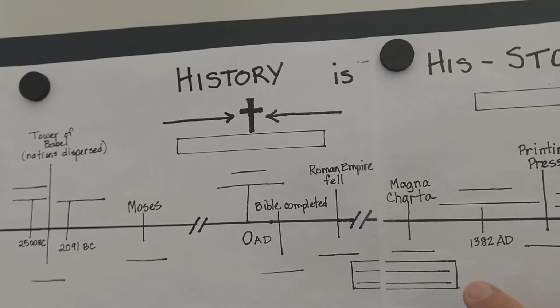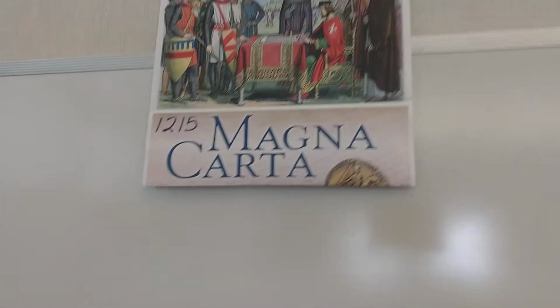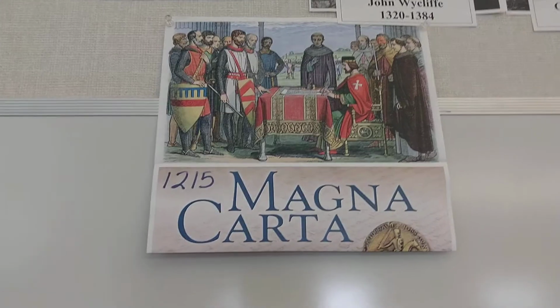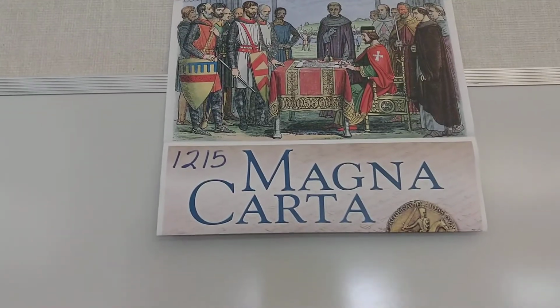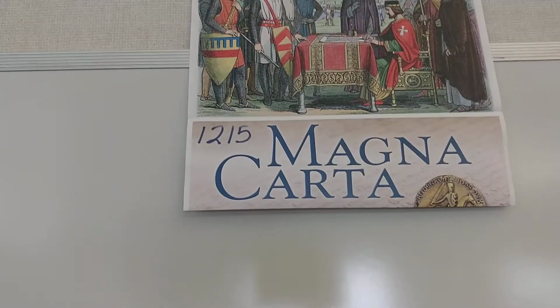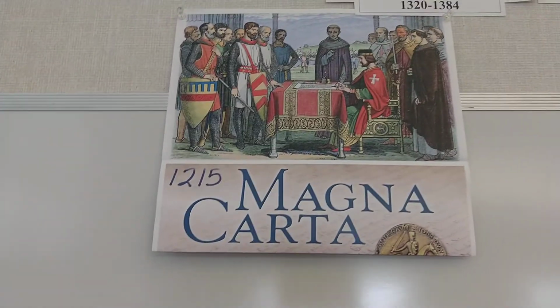So the next big thing that happens in history is the Magna Carta. And we learned about that last year in our history book. So you can put the year 1215 underneath Magna Carta on your timeline.